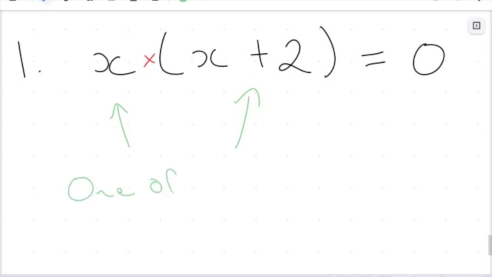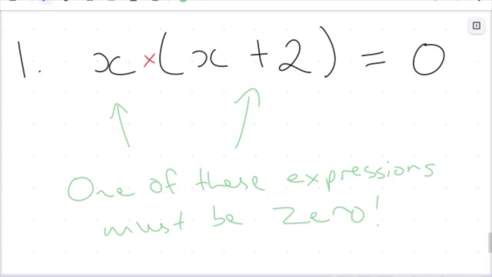One of these expressions, either x or x plus 2, must be 0. That's the only way it's going to work because they're multiplying together to give me 0.